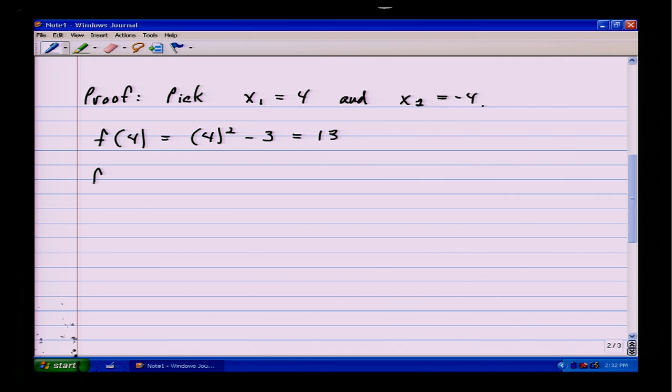And if I plug negative 4 into the same function, since a negative squared is positive, that's the same number, that's 16 minus 3, which is 13. And that's really all I need to say that my function is not one-to-one.